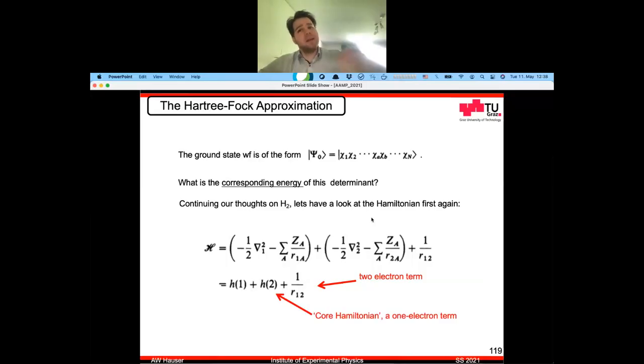So if I have a given n-electron wave function, and so all the orbitals are known, how would the energy itself look? That's important, because we will use this information later on when we do the actual variation. Okay, so this is something that we will be discussing first. That's what's coming up on the next few slides.